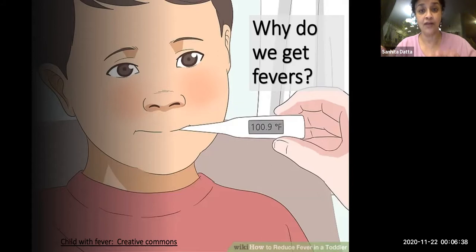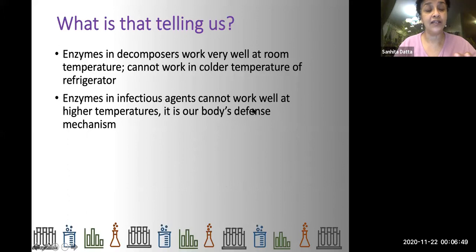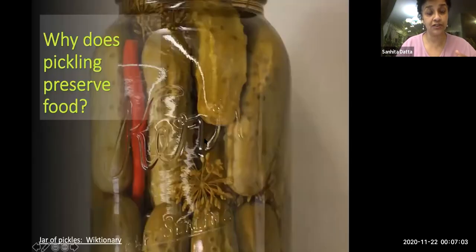And that'll give your body some time, okay, to fight the infection. And so high temperature is actually our body's defense mechanism. So far we saw how colder temperature we use every day to keep food from spoiling. Our body uses higher temperature to give organisms suboptimal conditions.